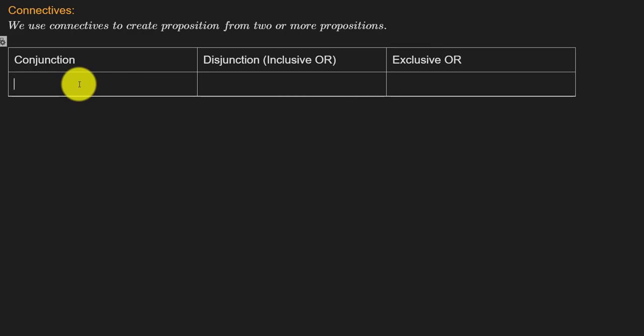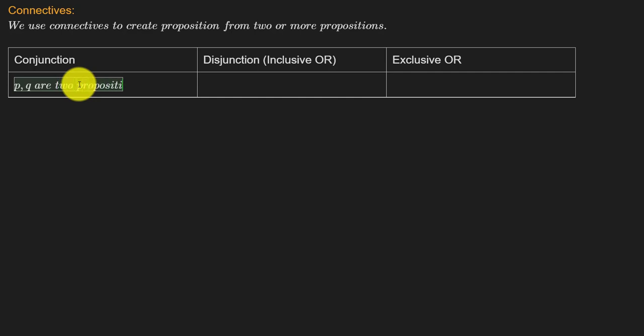That means if P and Q are two propositions, then the conjunction operator is basically an AND operator.